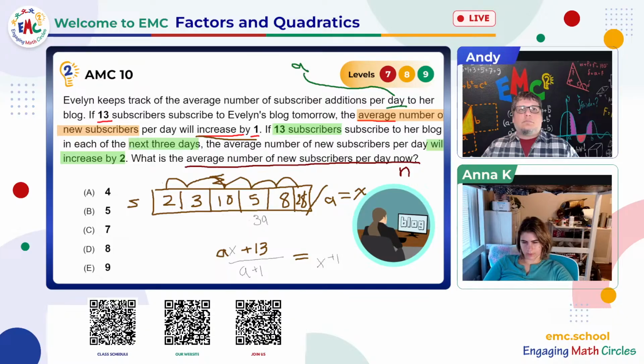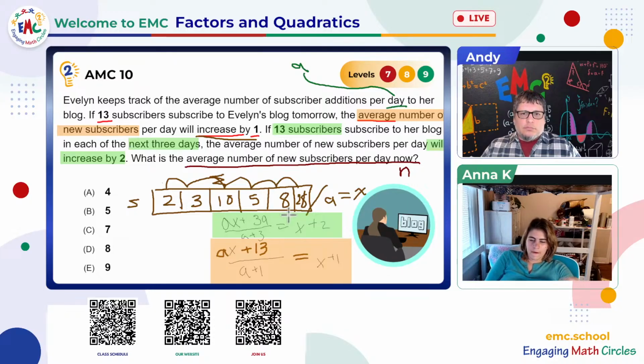So we have AX plus 39 over A plus 3 equals X plus 2. Awesome. We've got equation 1 and 2 set up.